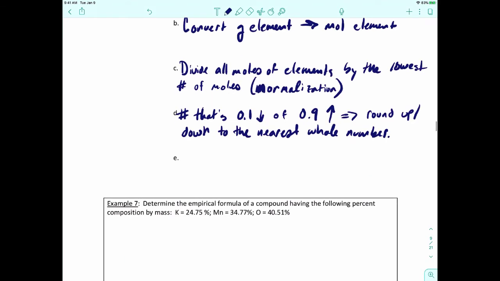If it's anything else, we can't do that. So if it's any other number like 0.2 or 0.33 or 0.5 or 0.7, this doesn't work. So if it's anything else, you'll have to multiply by the lowest integer possible to get a whole number.